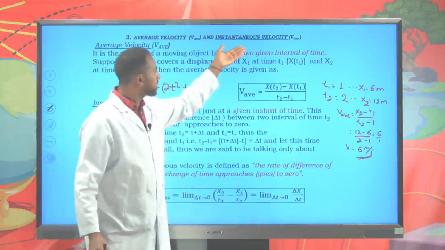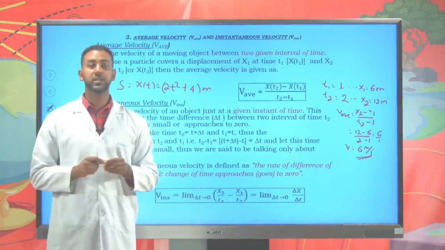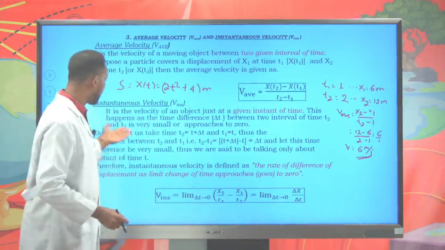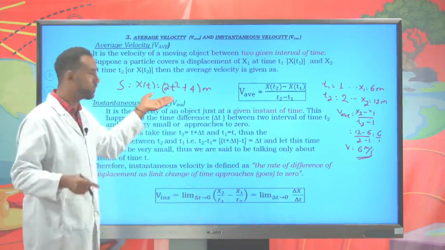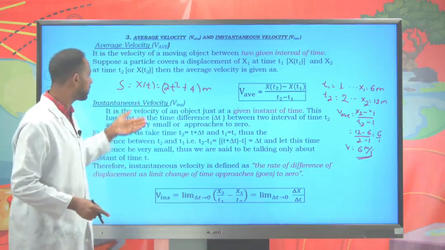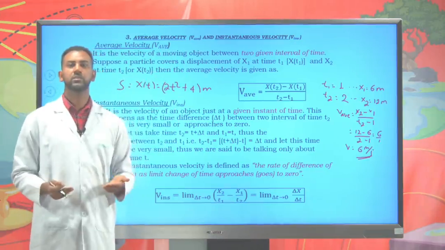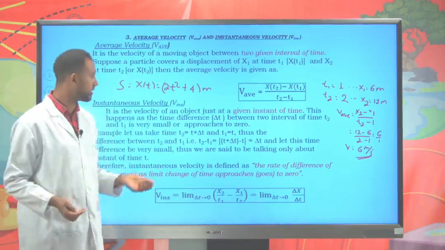Whenever we discuss instantaneous velocity, it is a velocity we are asked for at a given instant of time. Suppose for the question above, we have a particle moving with this displacement function which depends on time t. It's possible to find the instantaneous velocity, for example, what is the instantaneous velocity of the particle at 3 seconds?